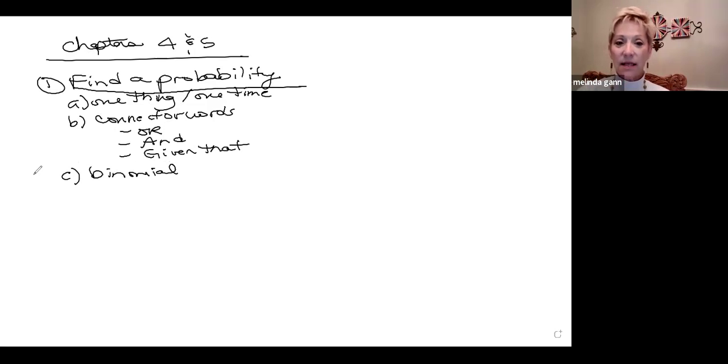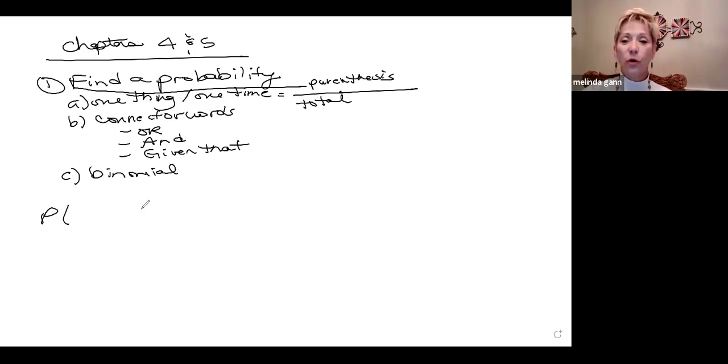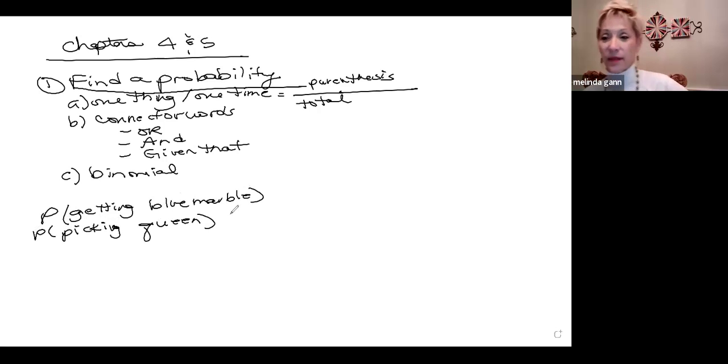So remember, if it's one thing, one time, on the bottom is your total, and on the top is what's in the parenthesis. Now, I said this in the video, but I want to be clear. Every time I ask you to find a probability, I better see a P, and then in words, what you're trying to find the probability of, like getting a blue marble or picking a queen, etc. If I don't see that when it's a probability, I won't give you any partial credit, because people that don't write enough words miss them.